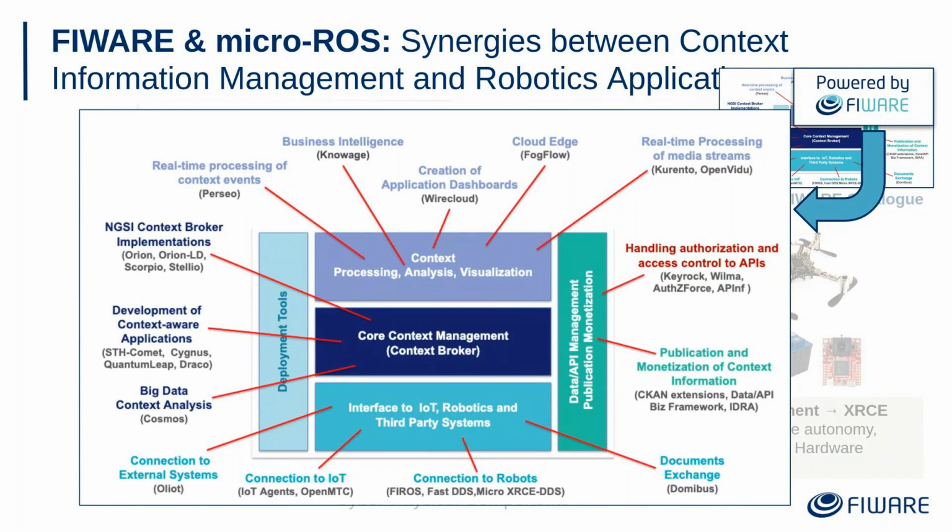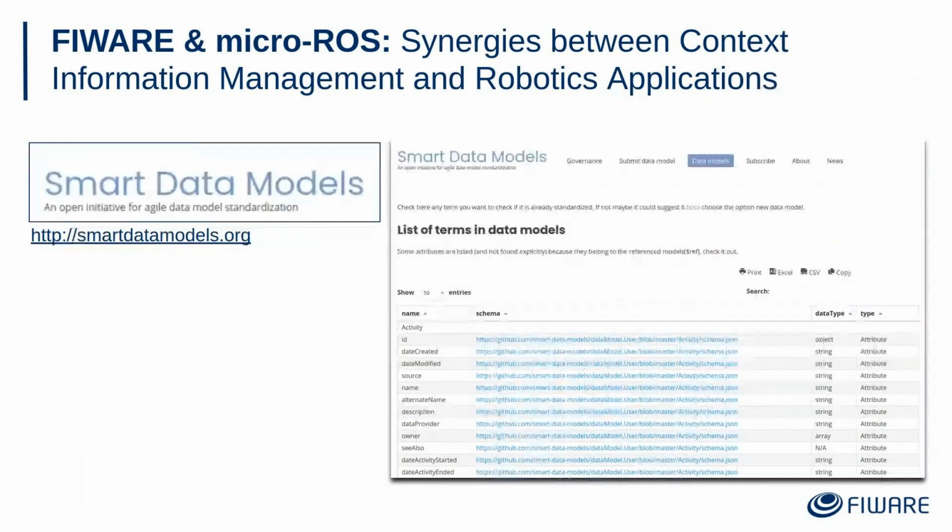We are not limited to this in FIWARE, not only providing technology. We have also started with TM Forum an initiative for the agile development and standardization of data models for this type of applications. I invite you to visit smartdatamodels.org and to contact us for every single data model you are interested in developing, or if you want to explore what is going on there.